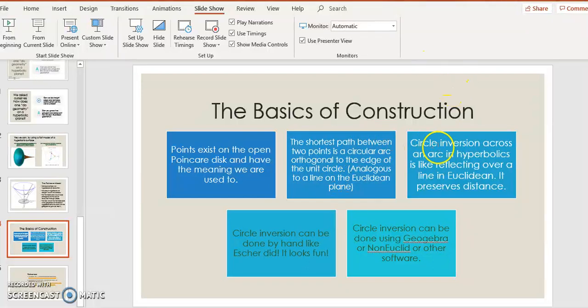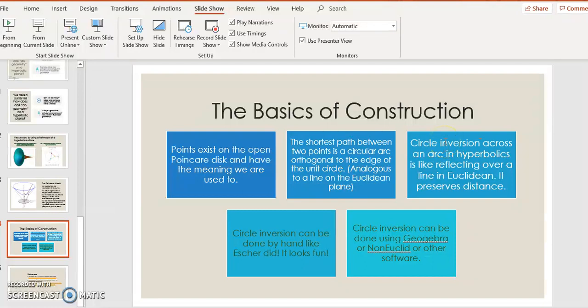Okay, so there's this process called circle inversion, which allows us to do constructions on the Poincare disk. And so that's what's going on behind the scenes in programs like non-Euclid. So, we were wondering what is going on behind the scenes that this program is doing to be able to create these constructions that we're telling it to create. So it's this process called circle inversion.